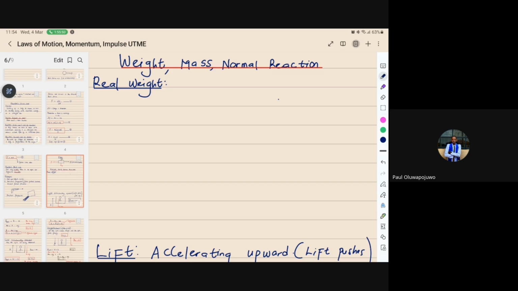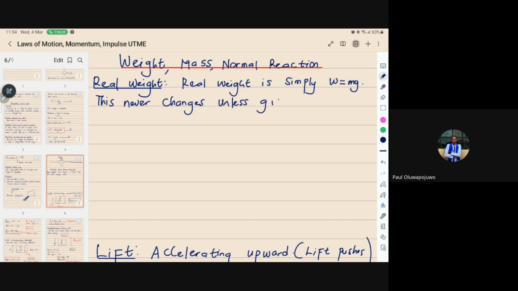Okay. Sorry for the delay, guys. I'm just trying to show that. So your real weight is simply W equals mg, right? So this never changes unless gravity changes.